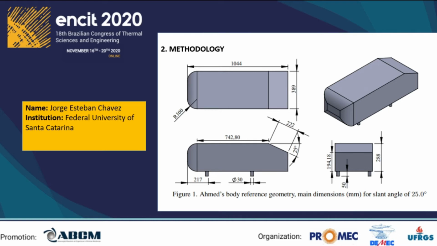Figure 1 shows the geometric shape and main dimensions for the slant angle of 25 degrees, the focus of this work. Despite the considerable deviation of this geometry from usual vehicles, the generic geometry represents the basic aerodynamic properties of a real vehicle, especially at the rear area.